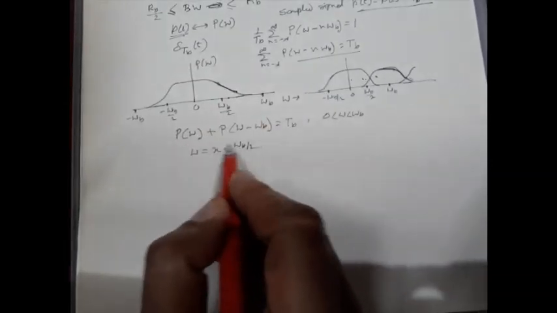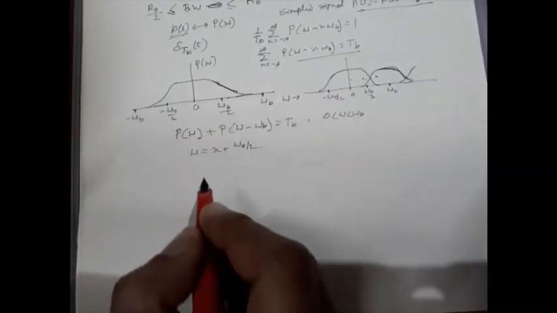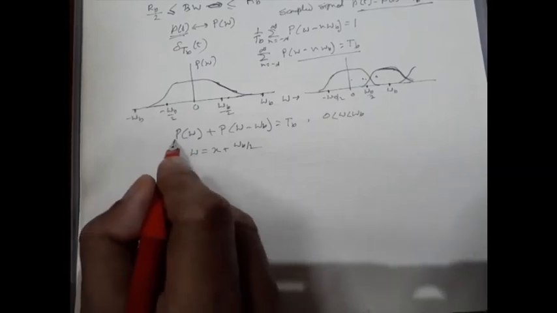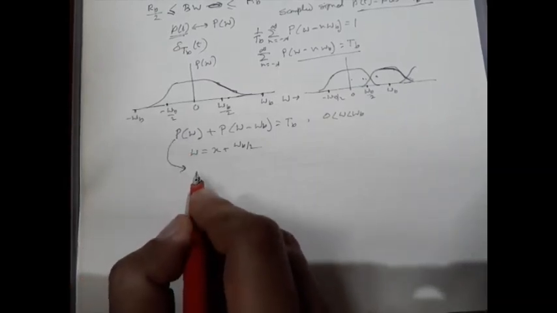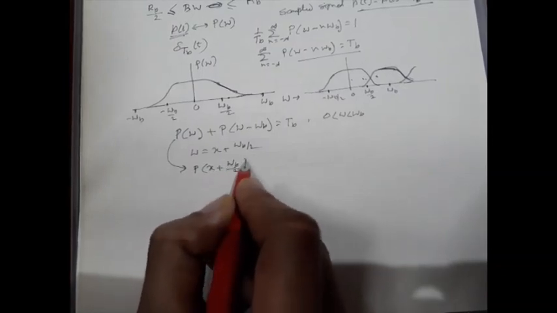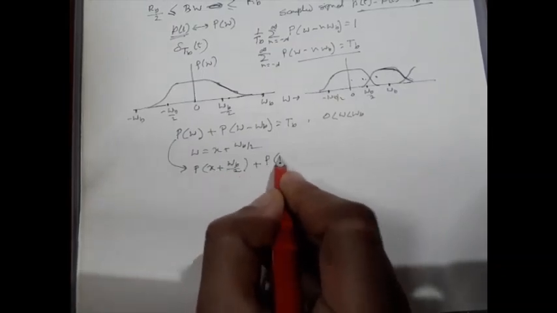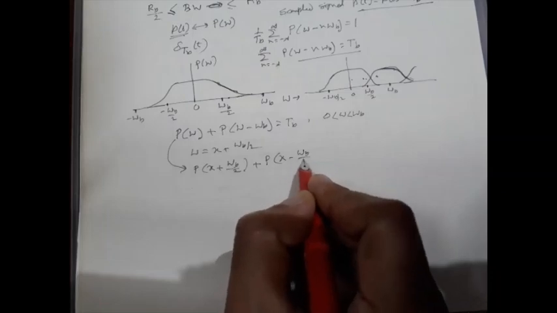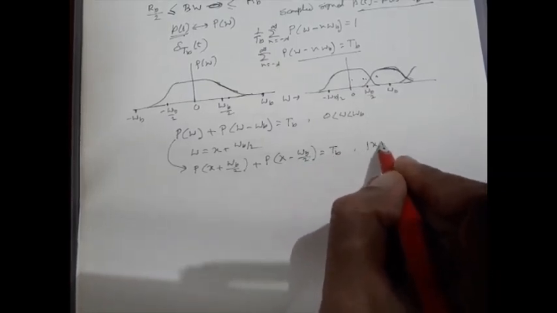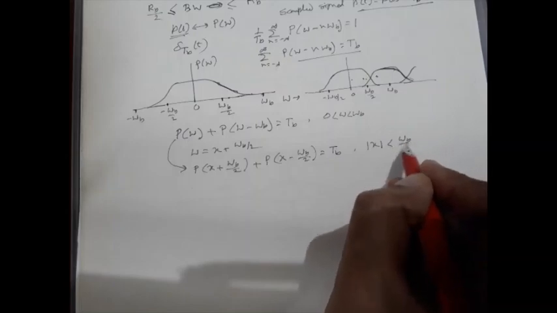So we are going to change the origin. Putting omega equal to x plus omega b by 2, we can rewrite this equation as P of x plus omega b by 2 plus P of x minus omega b by 2 equal to Tb for x less than omega b by 2.